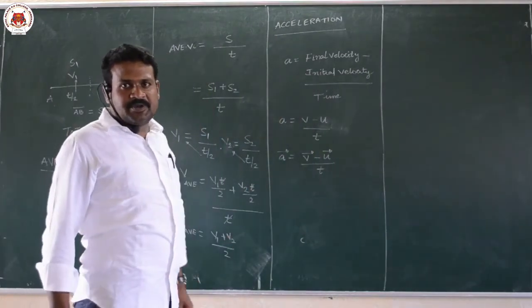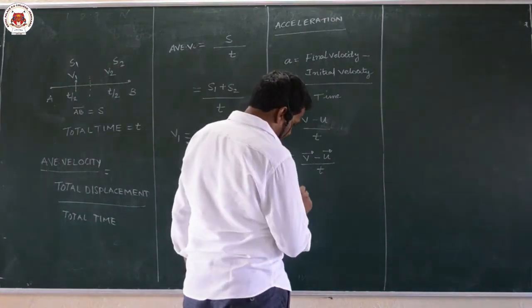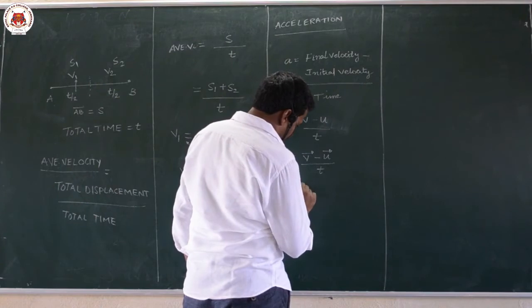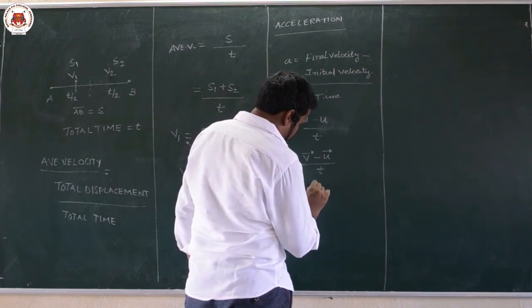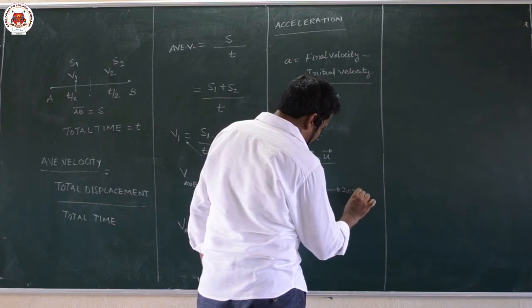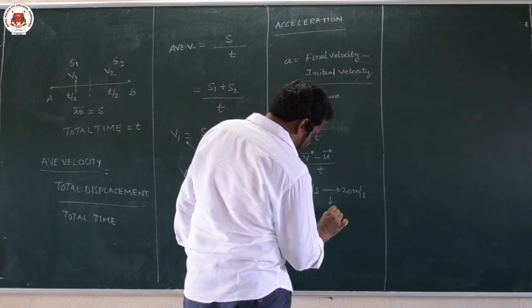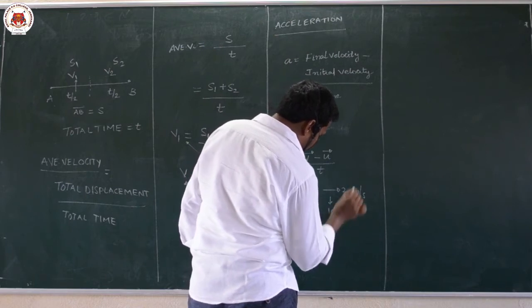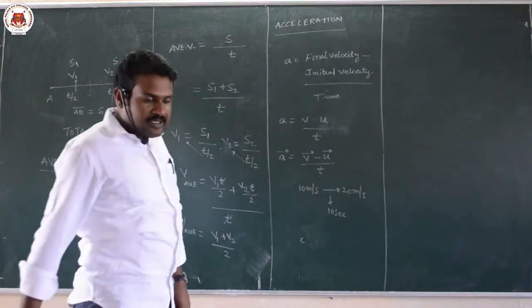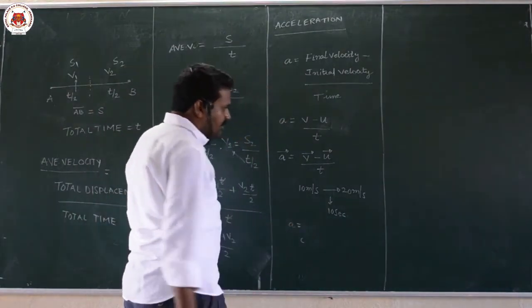Suppose a body increases its velocity from 10 meter per second to 20 meter per second along a straight line in 10 seconds. How do we calculate the acceleration?